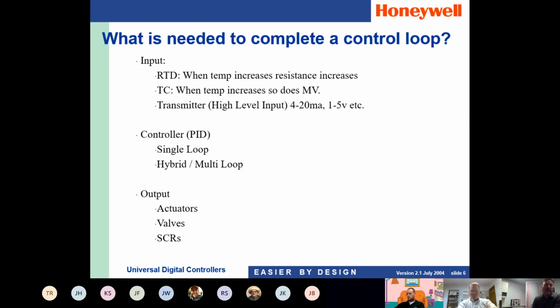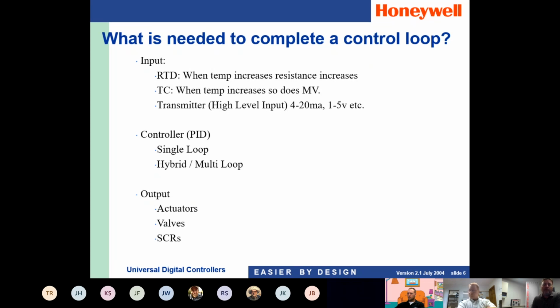Or it can be an SCR, which is basically a system that controls voltage to electric heating elements to be able to control your temperature out in the process. So there's a lot of different forms of outputs. We're going to get into a little bit more explanation on each one of those forms of output. But these are the three things that make up a control loop.